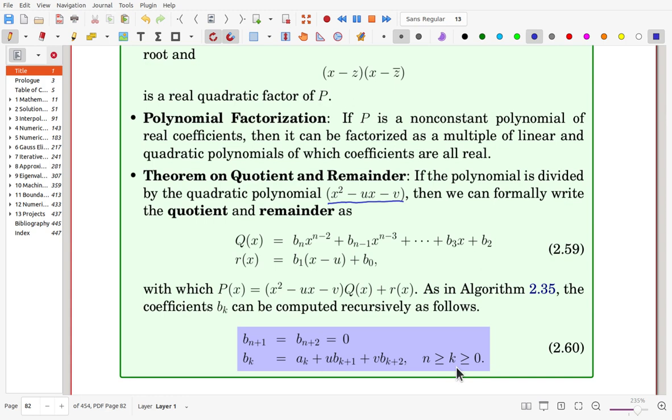Earlier, when we tried to find the linear factors by using Horner's method, we got a similar formula. Now, because we have u and v, two terms here, the recursive formula is a little longer, right? But same principle. Just match the coefficients on both sides, and we get this formula.